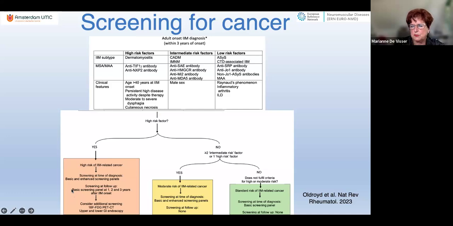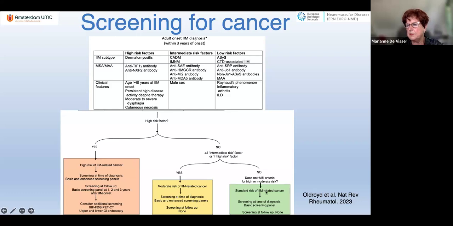The screening should consist of a basic panel and an enhanced screening panel, and in the follow-up, only the basic screening has to take place. And the recommendations also include that one could consider additional screening with FDG PET-CT and upper and lower GI endoscopy.